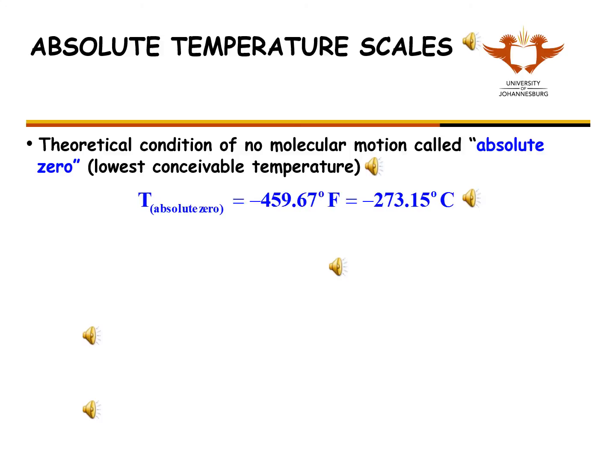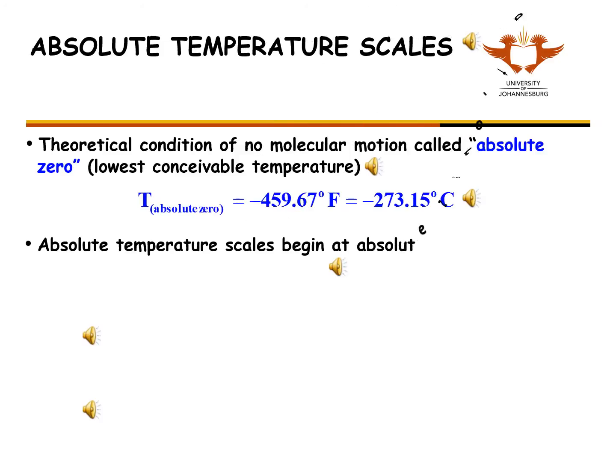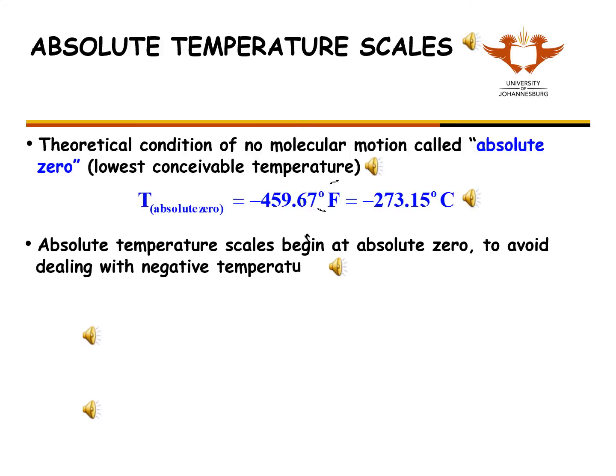In terms of degrees Fahrenheit and Celsius, you can see that the minimum temperature is very low. For example, 0 Kelvin will be at minus 273.15 degrees Celsius, hence there cannot be a negative temperature in kelvins.